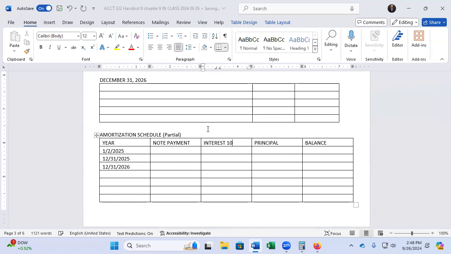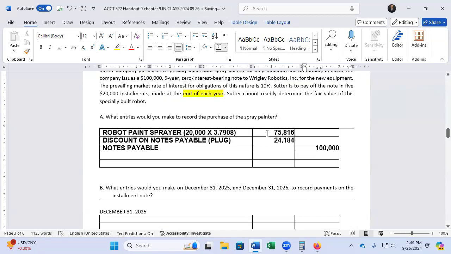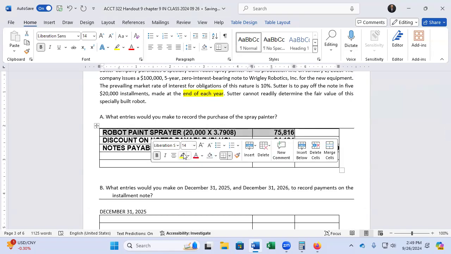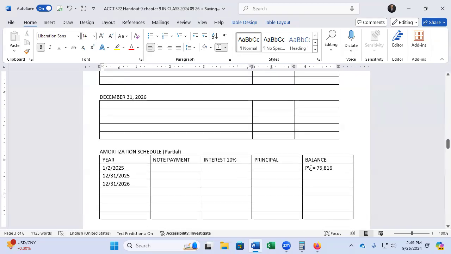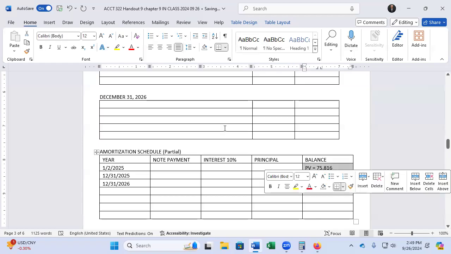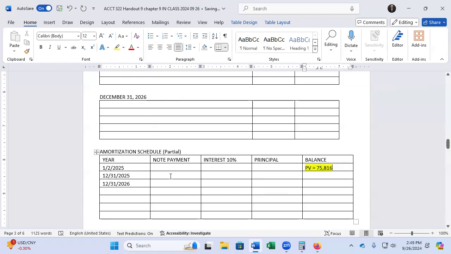Okay, we know their interest is 10%. Then we know that the present value equals 75,816. That comes from our number here above. So in 2025, we're going to make a $20,000 payment on 12/31.